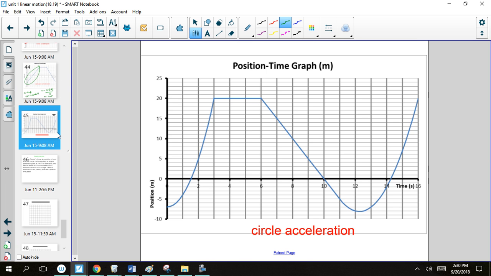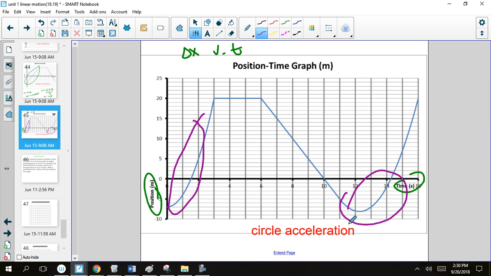Alright, so let's take a look at this squiggle monster right here. Now this is not a velocity time graph. This, boys and girls, is a position time graph. So delta x versus time. Alright, so circling acceleration. With a position time graph, we're going to have acceleration wherever we have a curve.